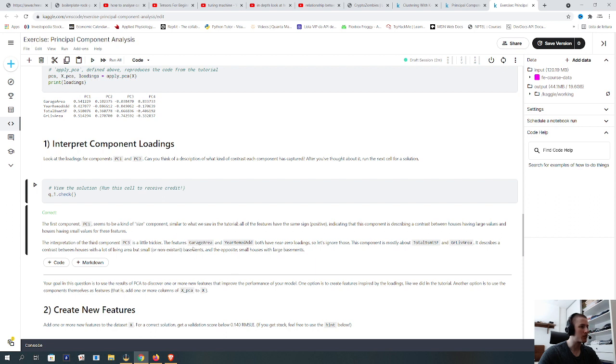The features garage area and year remodel add both have near zero loadings. That is true, so let's ignore those. This component is mostly about total basement. It describes a contrast between houses with a lot of living area but small or no existing basements, and the opposite, small houses with large basements.